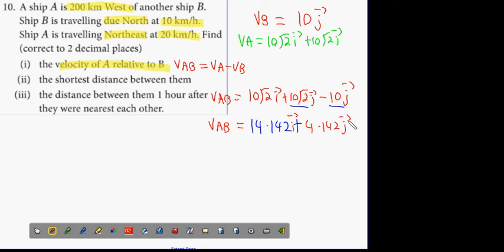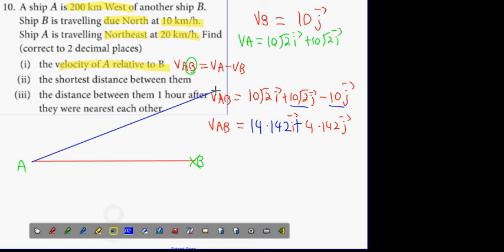Now, ship A is west of ship B. Okay, and then B is the one that's held stationary, which is here. Then you draw the course of VAB, and the course of VAB is northeasterly, as discussed already.